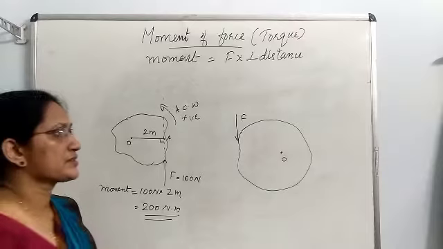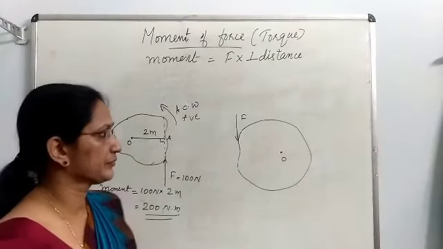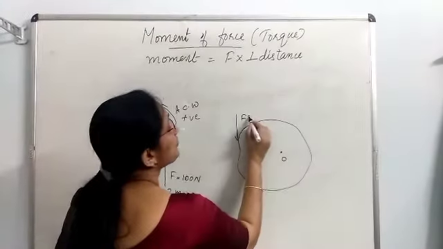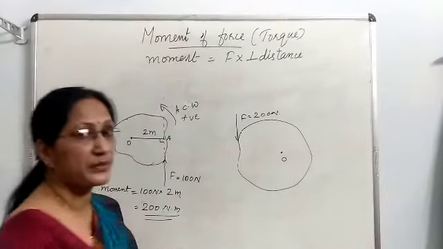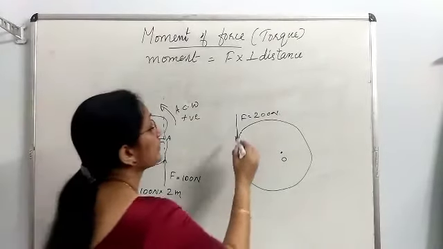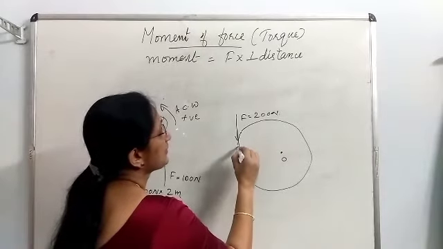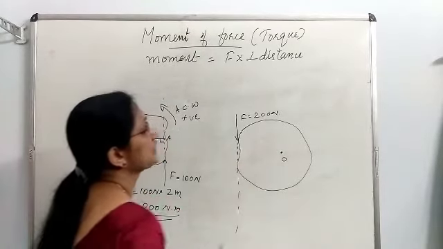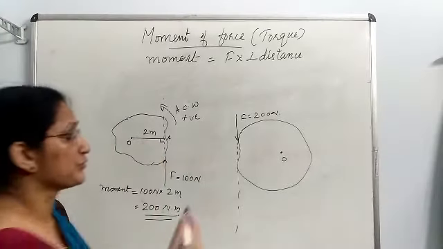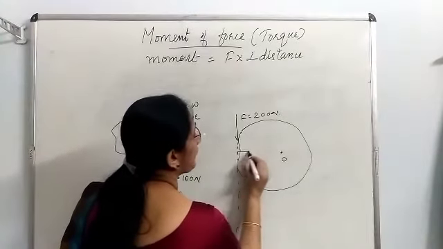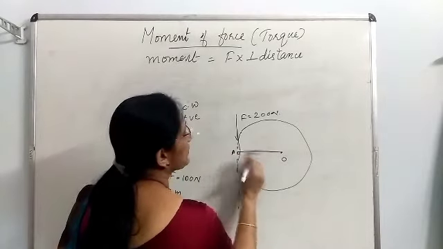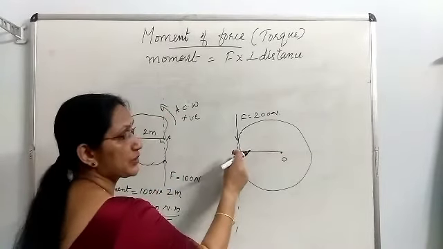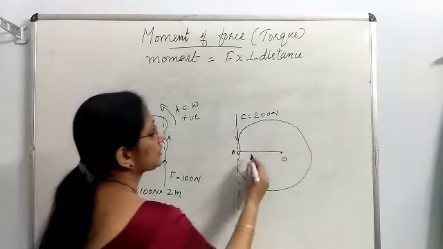Then let us go to one more numerical. Look at this diagram. Suppose the force here is 200 Newton and perpendicular distance. To measure the perpendicular distance, extend this. This is the line of action of force from the pivoted point. Measure the perpendicular distance to the line of action of force.